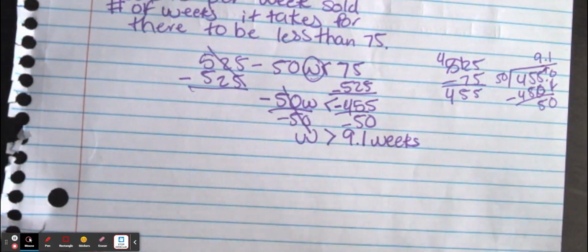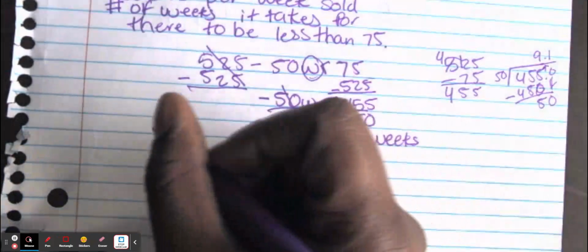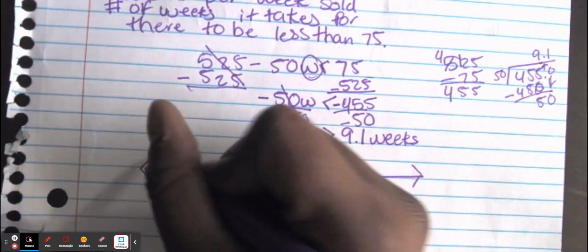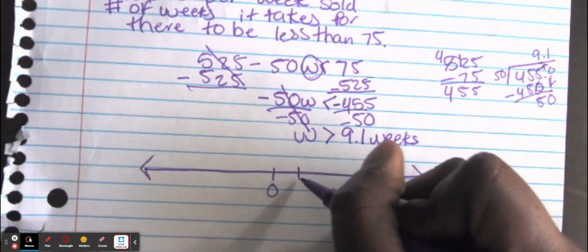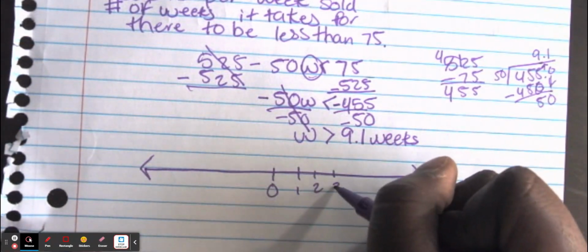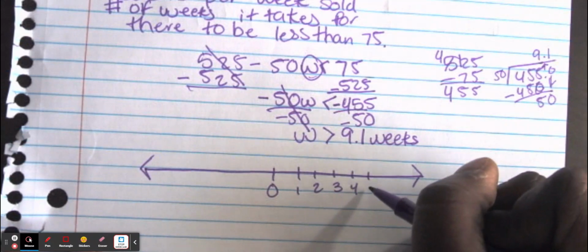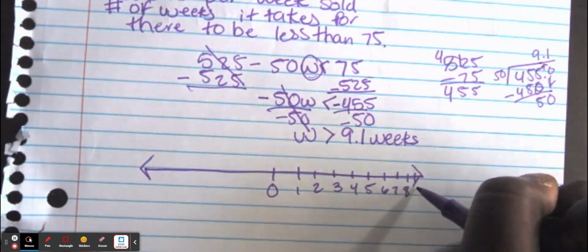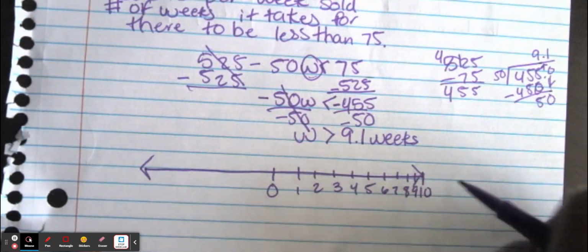Now, to go ahead and graph that, we're simply going to make our number line. Here, I'm going to do 0, 1, 2, 3, 4, 5, 6, 7, 8, 9, and this one will be 10.